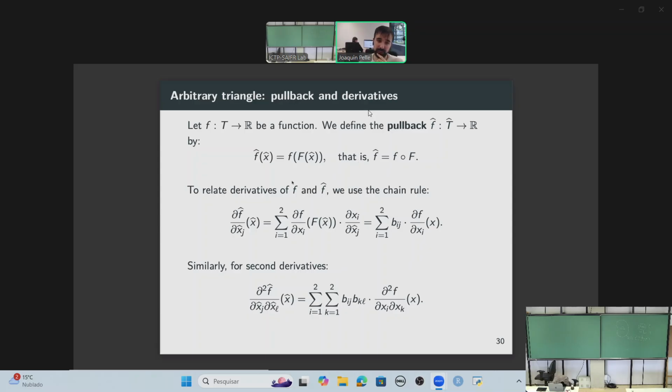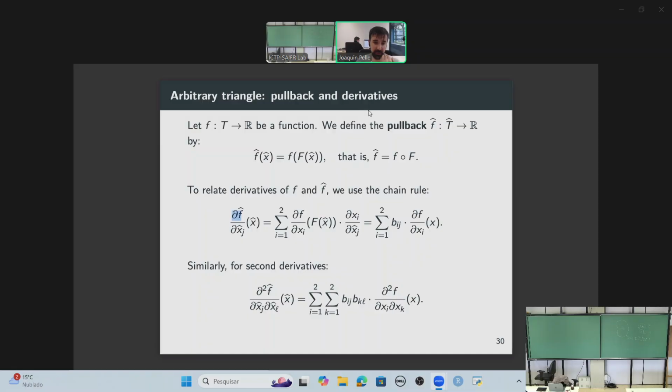So if we now want to know how the derivatives translate between one space and the other, we simply use the chain rule, and we obtain, as expected, just the coefficients of the linear part of the affine map, which is essentially the Jacobian of the transformation.